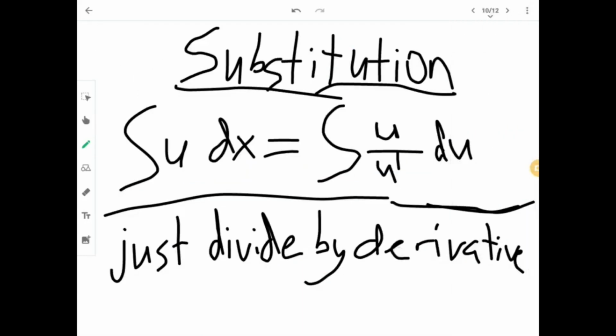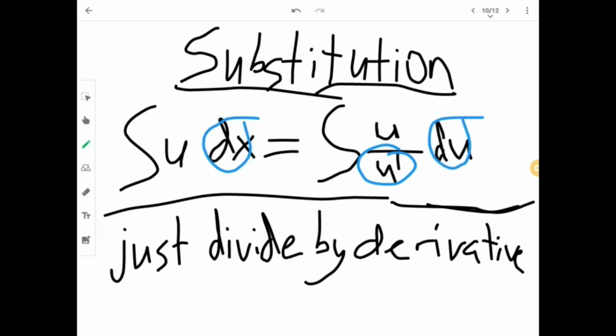Next up, we have substitution. This is pretty easy. It's what we did again, we're just restating it. If you have a function and you want to simplify it, you can take the part that's really messing with the integral and make it u, and then divide by the derivative of that u, which is u prime. This is how you convert dx to du.